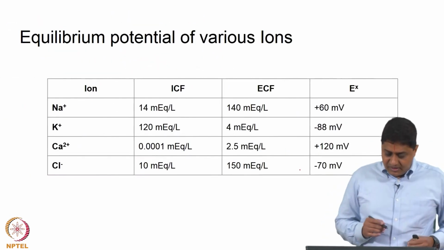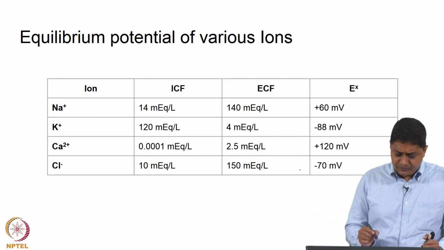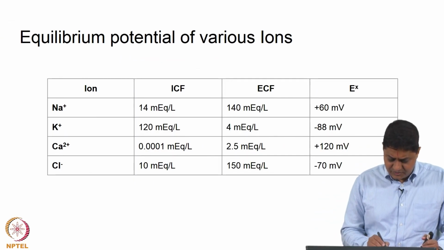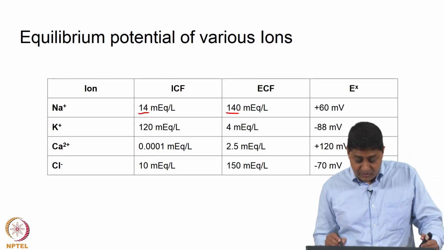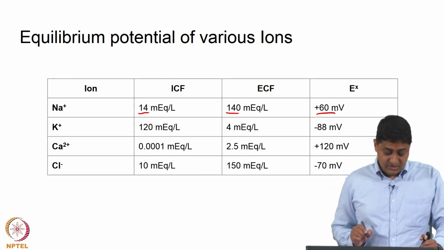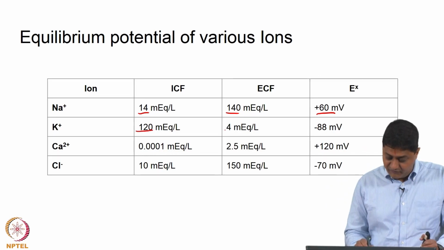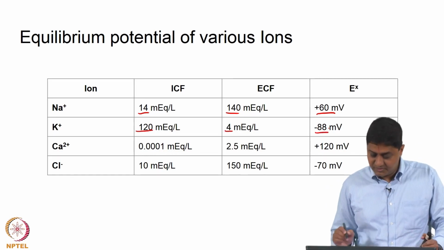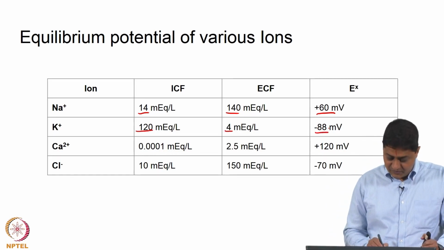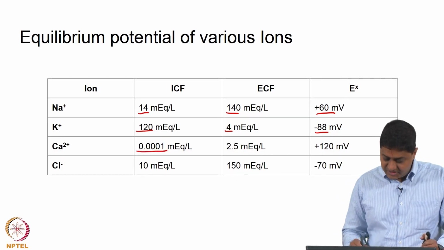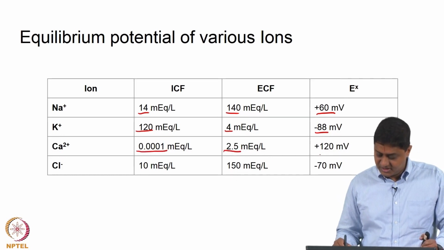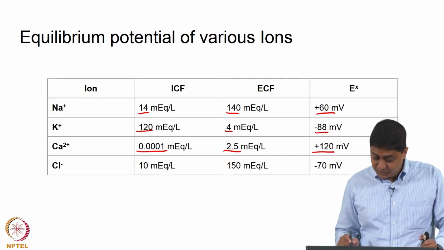So let us remember the concentrations, so 14 and 140 between inside and outside. The equilibrium potential is plus 60 millivolts. For 120 and 4, the equilibrium potential is about minus 88 millivolts. Once again note this is the calcium concentration inside and outside. So the equilibrium potential is plus 120 millivolts.